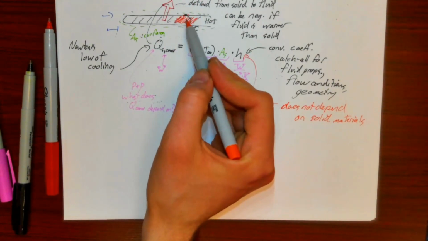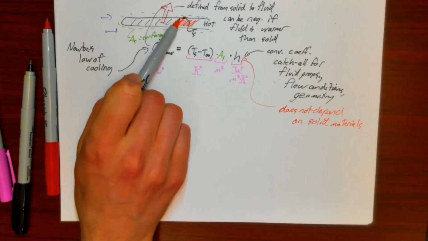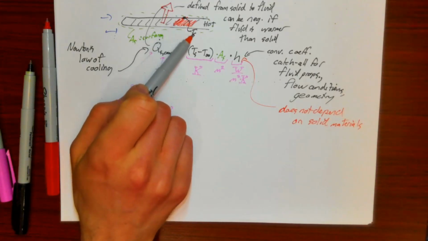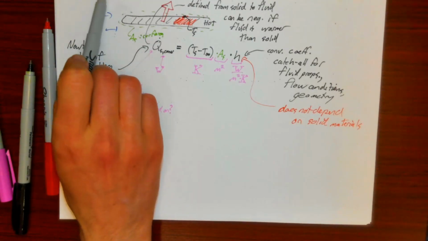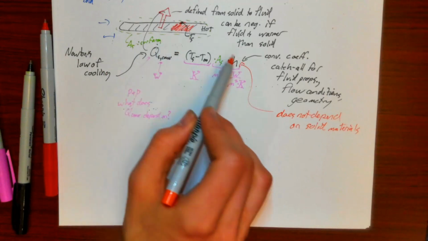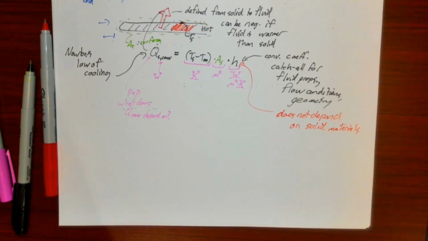So as long as the solid is maintaining the surface at Ts, it doesn't matter whether the solid is brick or copper or skin. It could be anything. It's only the properties of the fluid and the flow of that fluid that affect H. So that's a key distinction to make here.